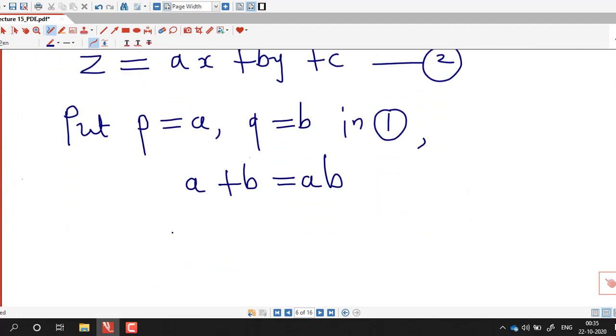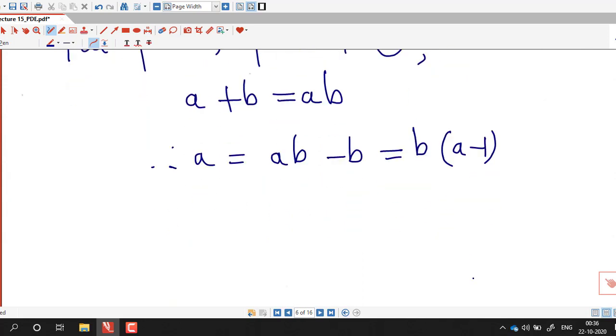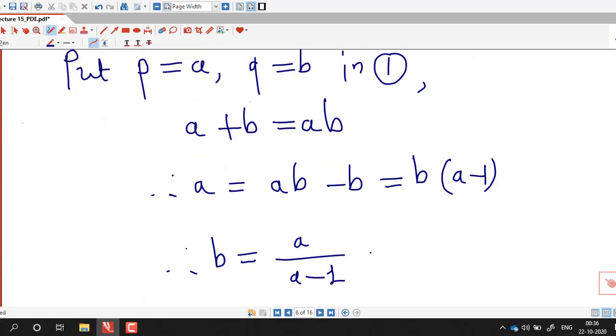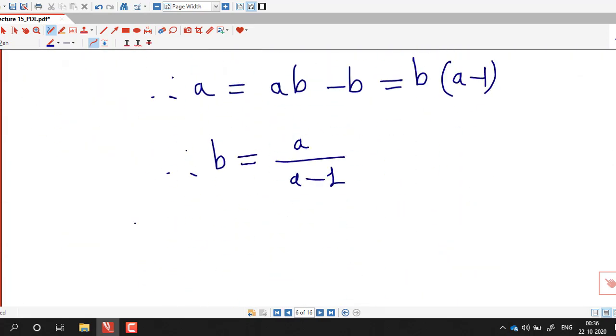So this I can rewrite as a equal to ab minus b, and if we take b common, we have b into a minus 1. So this gives me b as a function of a. So if I substitute value of b in equation 2, I will obtain the complete integral.